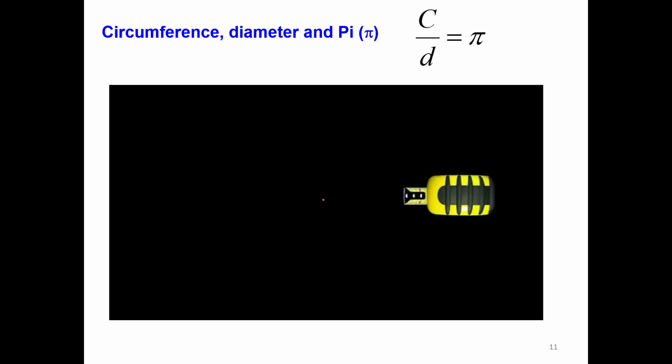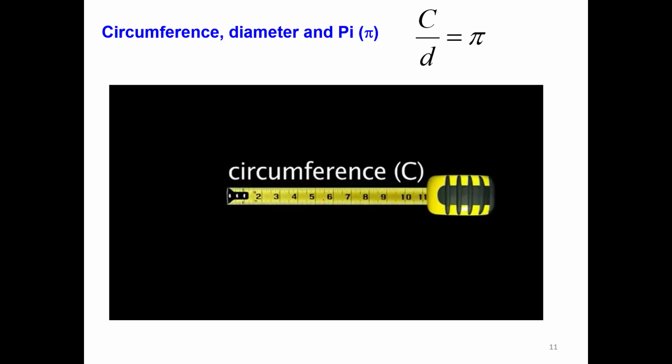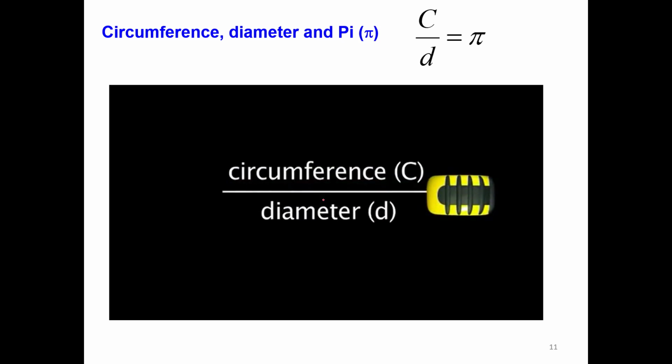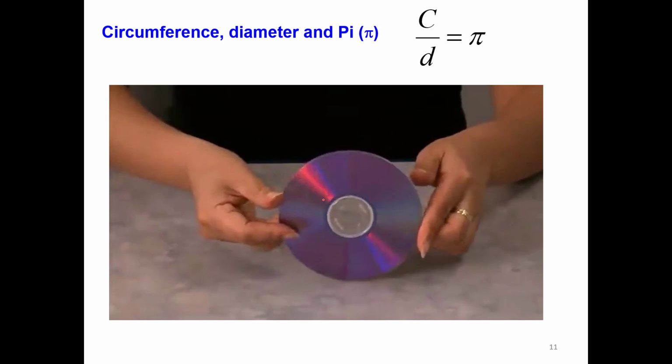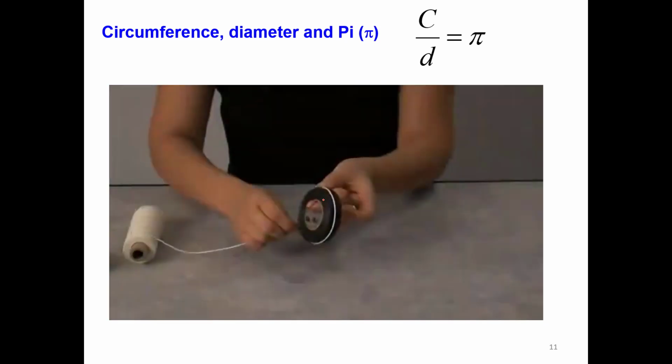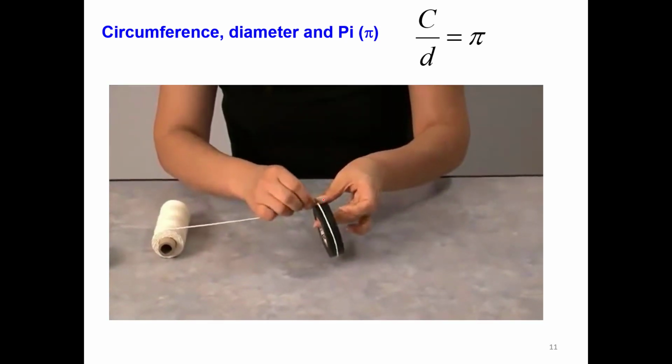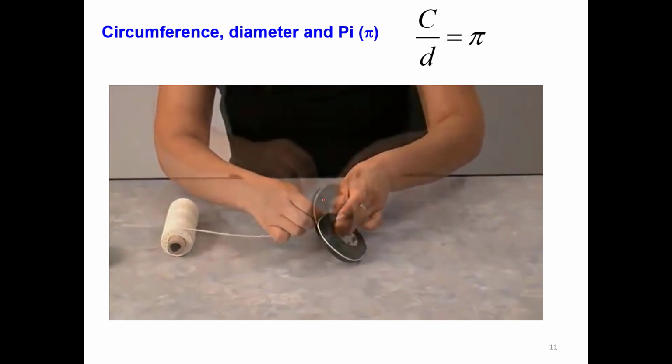In this video, I'll demonstrate the ratio of circumference and diameter of 3 different sizes of a circular object. I have an electrical tape, a compact disc, and a clock. Use a string or tape to measure the circumference of each object.